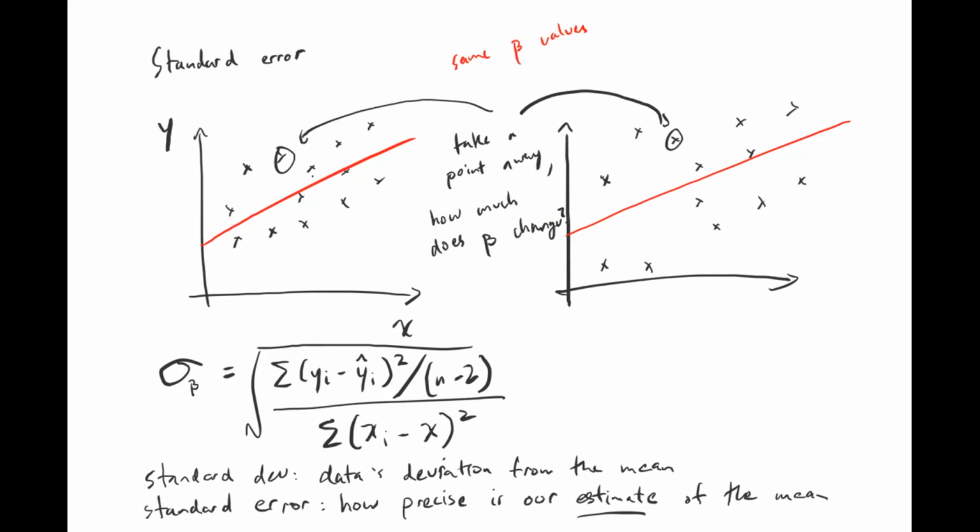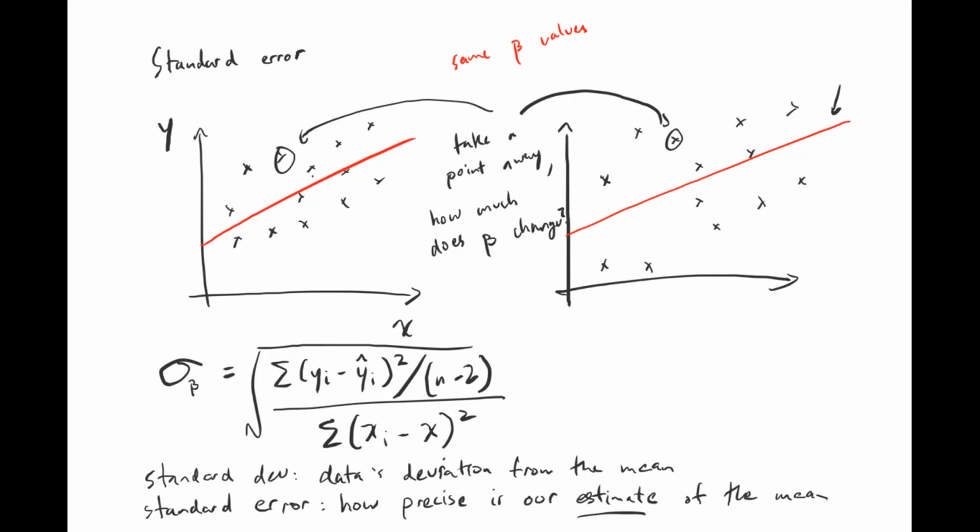And so as I take away points or add points into these two charts, you can imagine that my line can wiggle or adjust to a greater extent when the points are more influential, and maybe less so if the points are less influential. So more if it looks more like the left versus the right. You can think about how quote unquote influential the points are on the slope of that line.